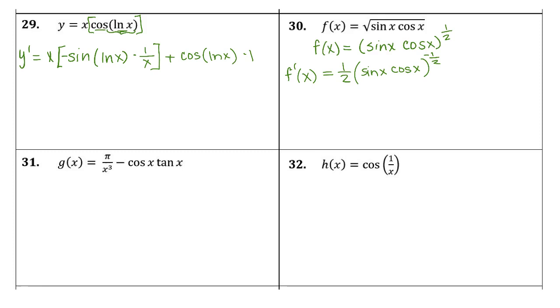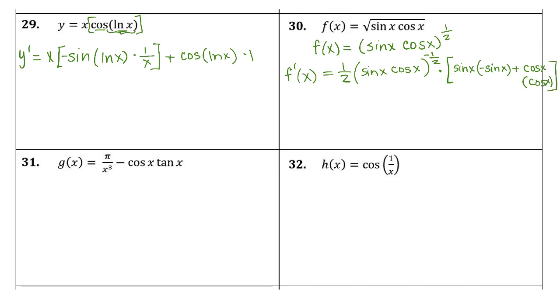So the derivative of the inside is going to be the product rule. So I'm going to do a bracket here. We're going to have the first times the derivative of the second plus the second times, and I'm out of room, the derivative of the first.